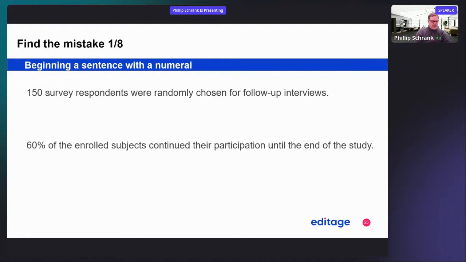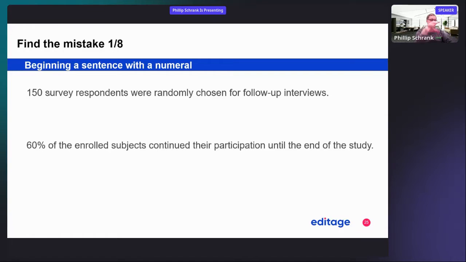Obviously these two sentences begin with a numeral, but I ran into a journal the other day where they specifically said that numerals four or more digits long, like in the thousands or more, don't have to be spelled out, including at the beginning of a sentence.